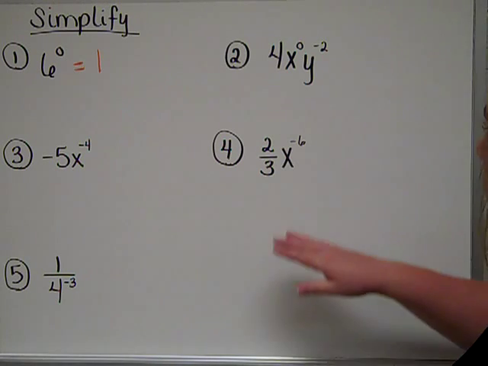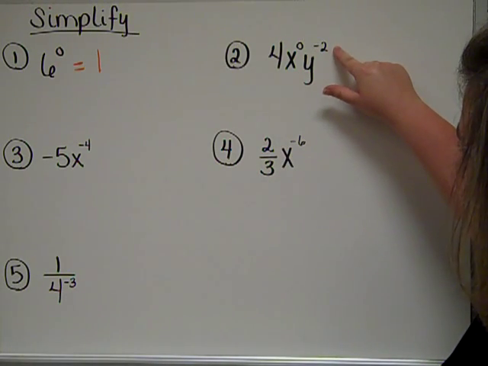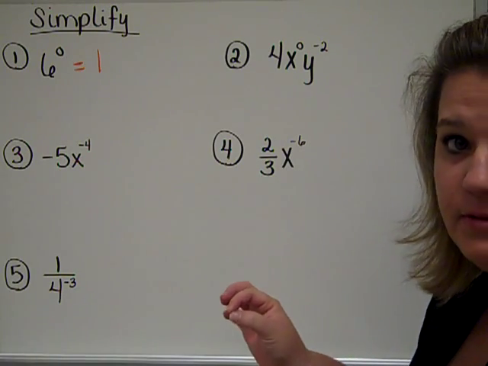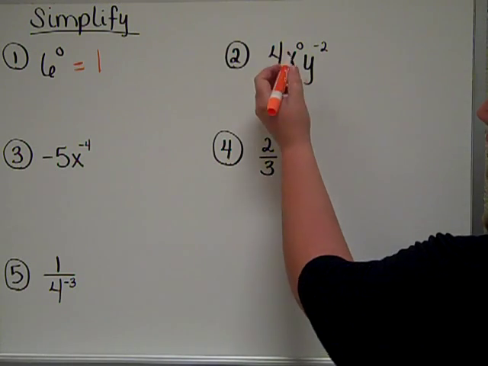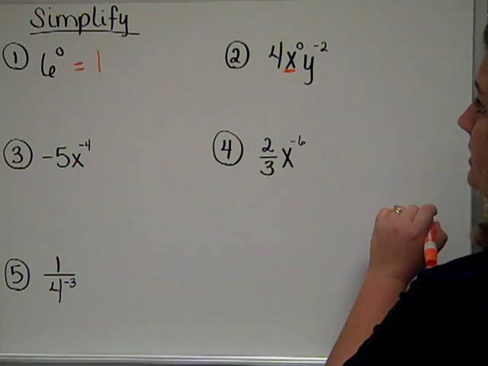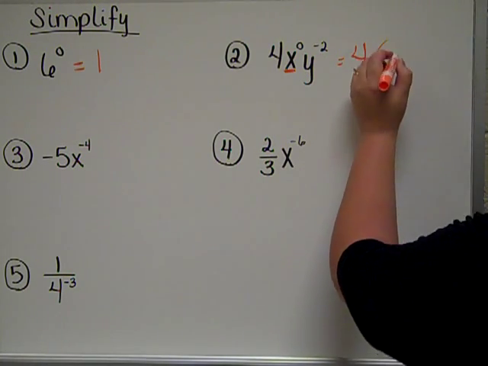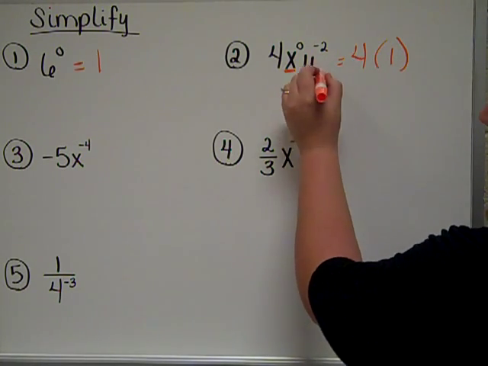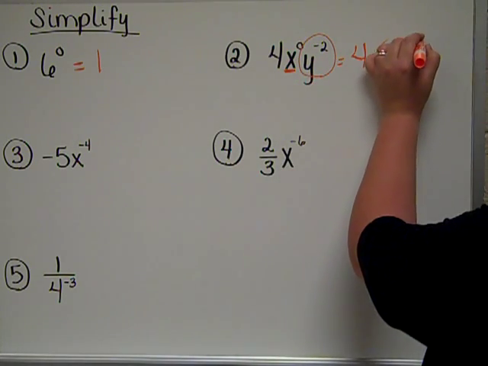Number 2, 4, x to the 0, y to the negative 2. Well, let's take this in pieces, okay? I know that x to the 0 is going to equal 1. So I have 4, x to the 0 is 1, and then this piece is what I'm going to take the reciprocal for.